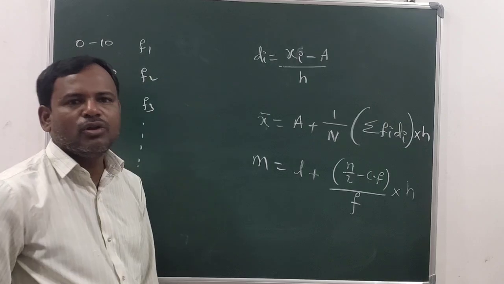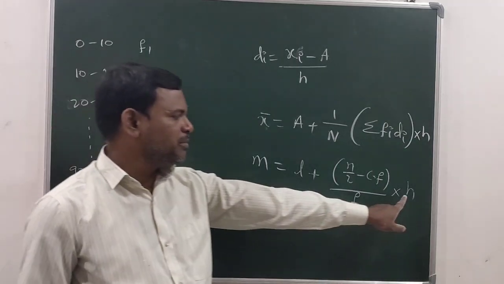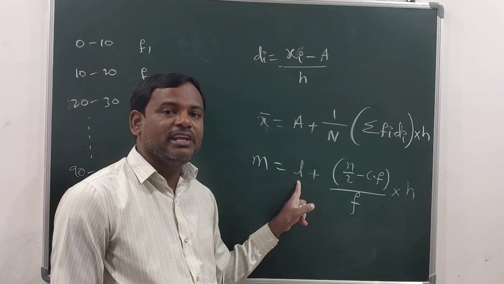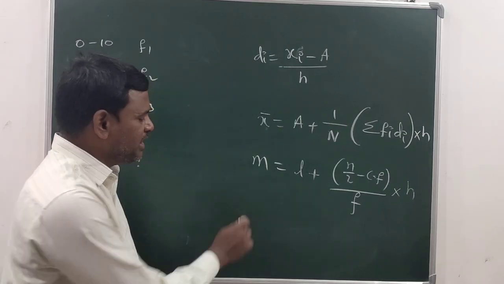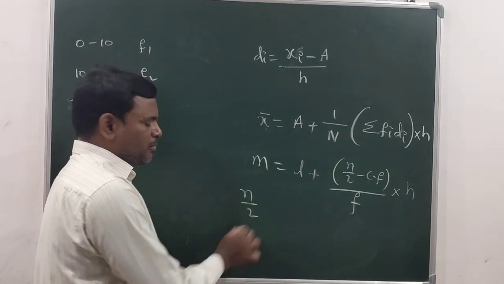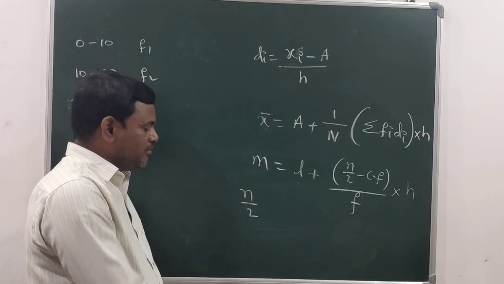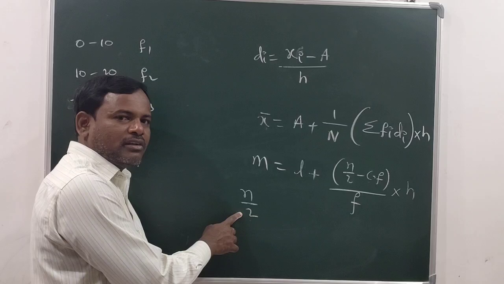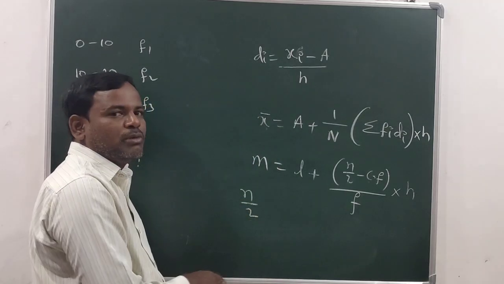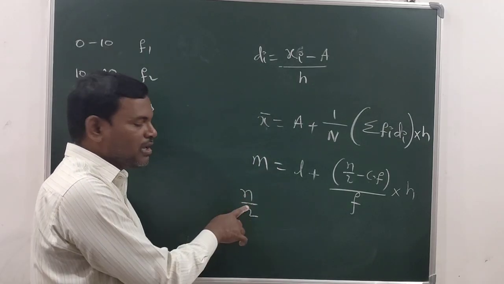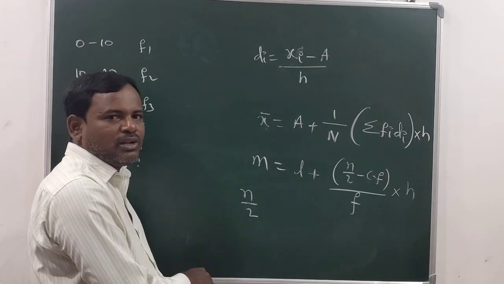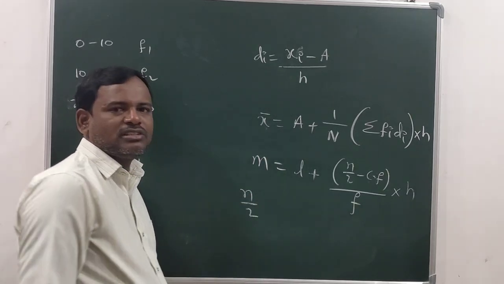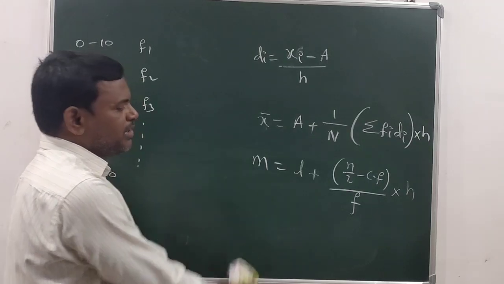L means lower boundary of the class. H means, lower boundary of which class? Median class. You have to take one class as median class. You prepare n by 2 and whichever value you get from here, that you have to check in the cumulative frequency where it belongs. So that class is known as median class. So L represents lower boundary of median class.